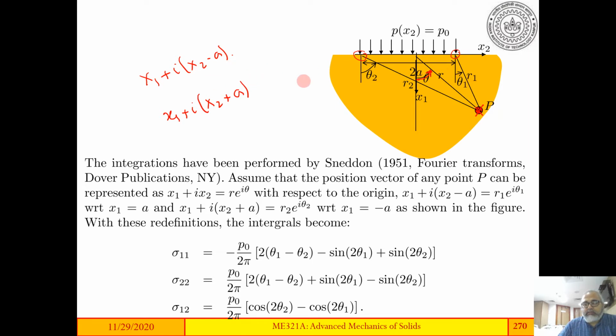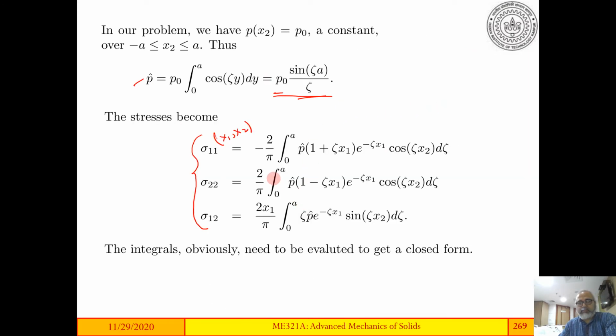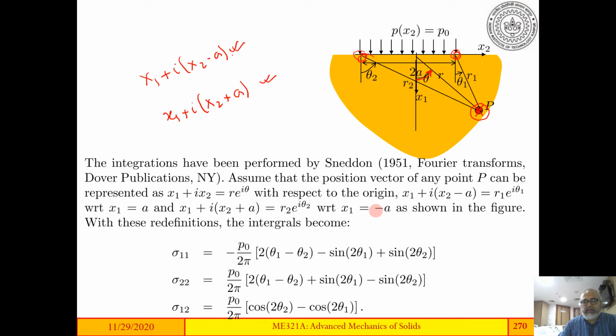So the complex representations of this point with respect to these two edges are these respectively. Doing that, Sneddon could express the solution of these three integrals in terms of these angles.